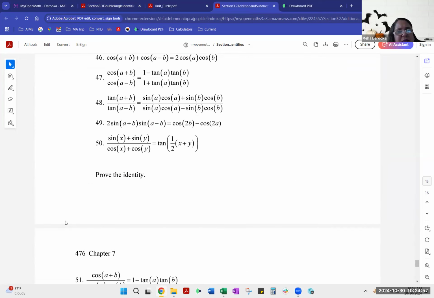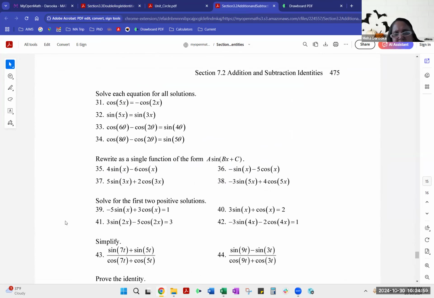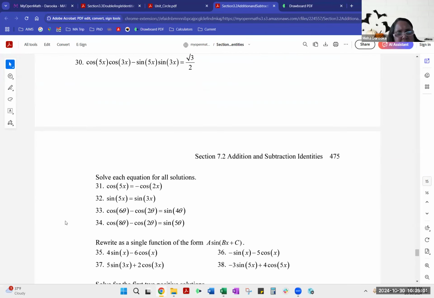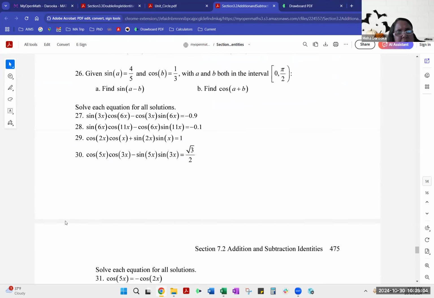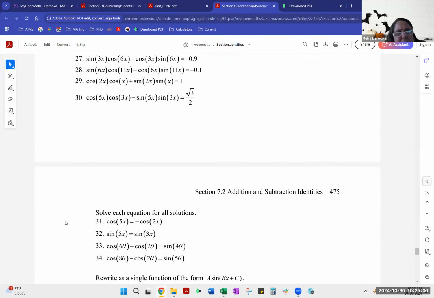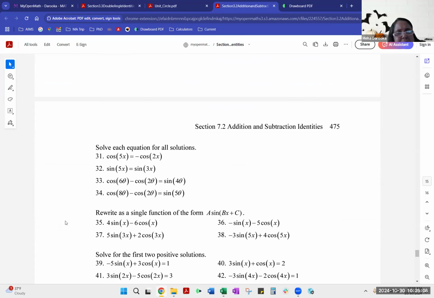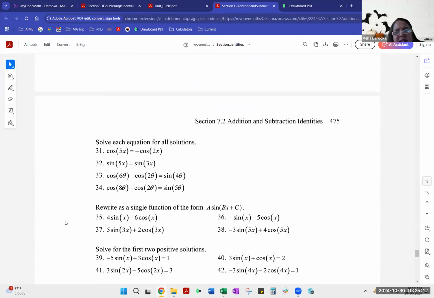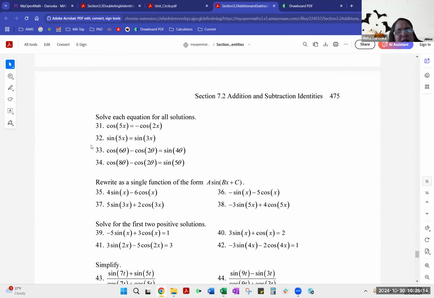Okay, most of these are proving identities. I think these are the equations up here. Okay, so they're saying find all solutions. I'm looking at the very top of the page over here. So we can do something like that.